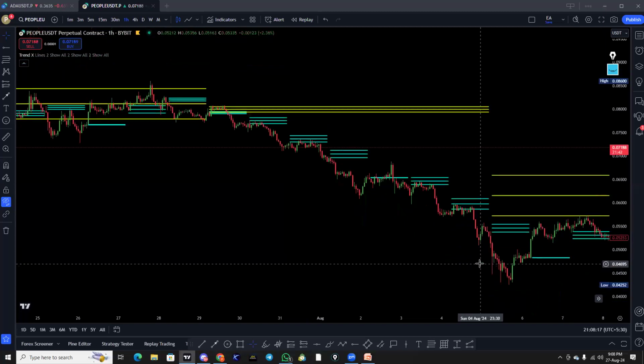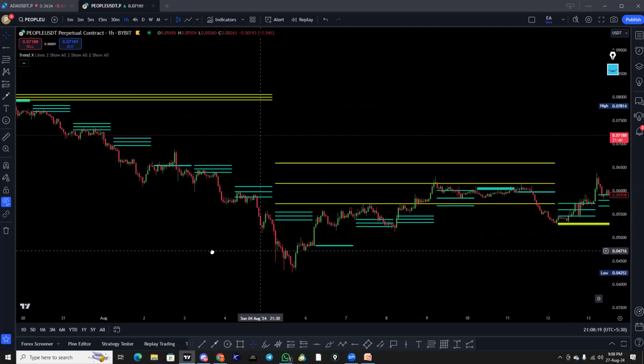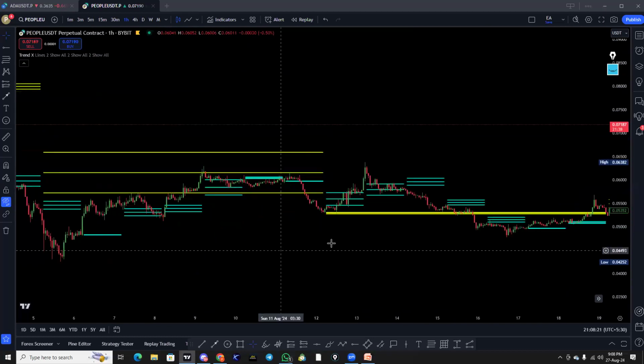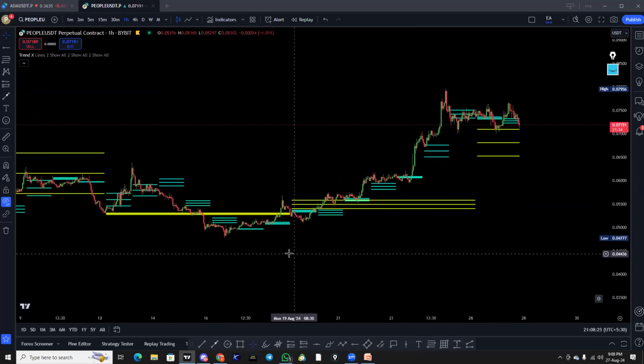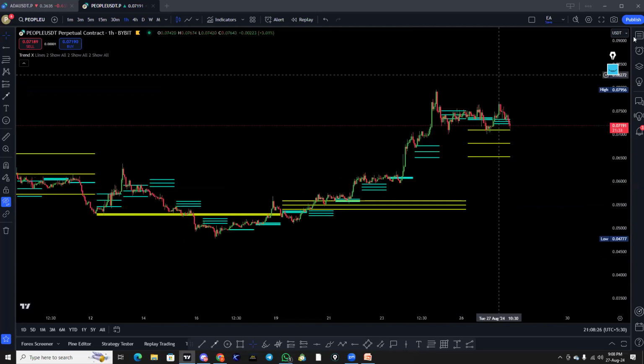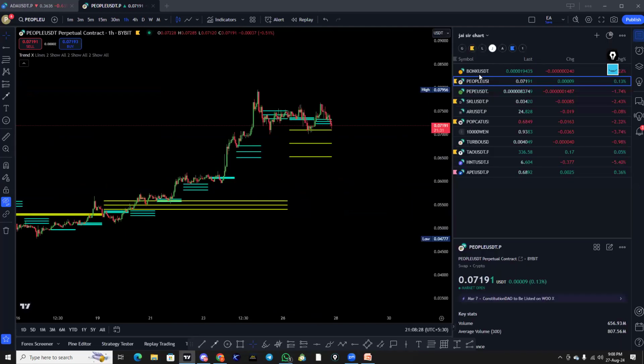Now, how to take the trades? Simple, the candlestick pattern, which we are teaching on Thursday, day after tomorrow. Please join. Simple, the four candles. Which are those four candles?